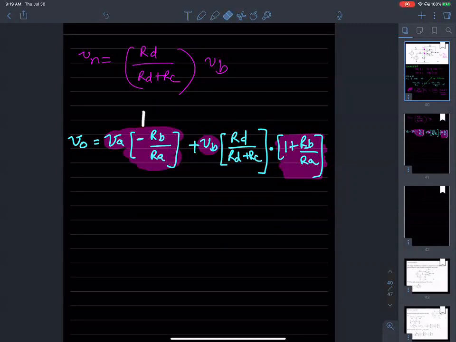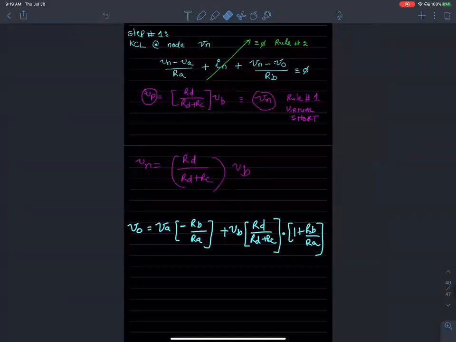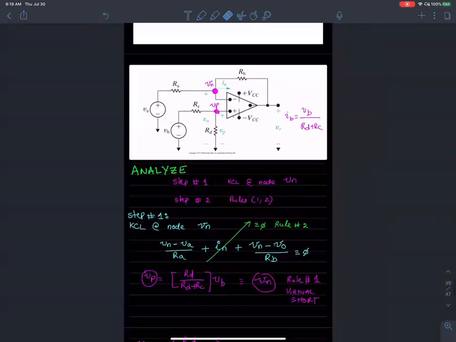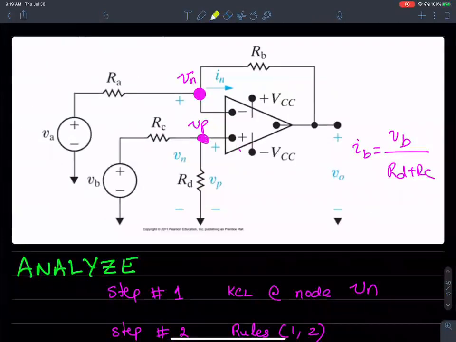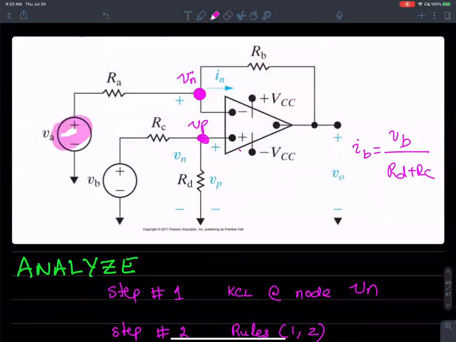There are two input voltages you're applying. Let me intuitively provide you some insights into what is going on. I'm applying a voltage Va to the negative terminal, and I'm applying a voltage Vb to the positive terminal. So there is an inverting and non-inverting, both happening at the same time.